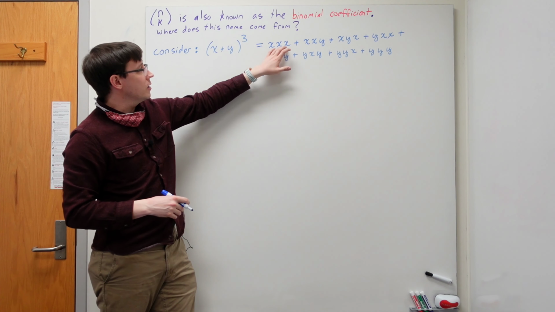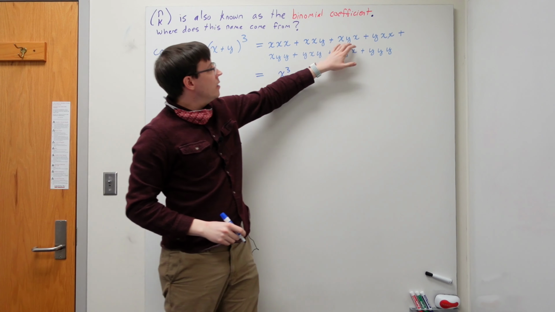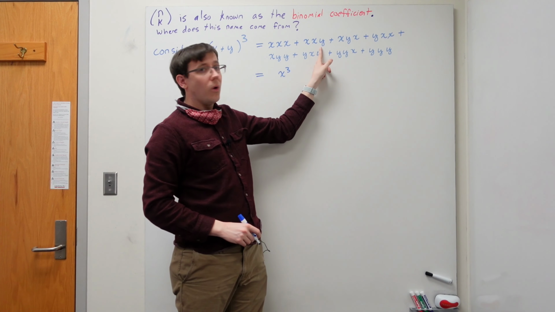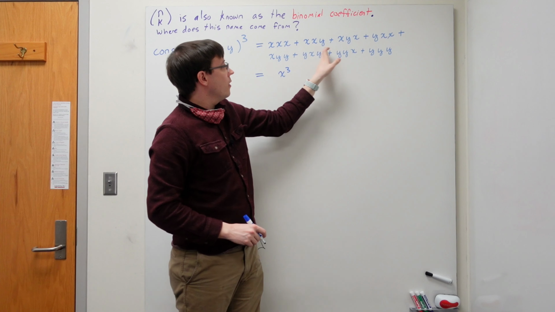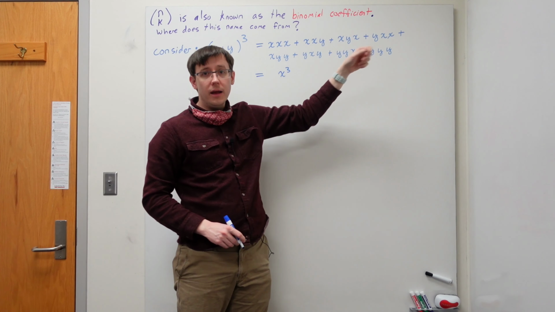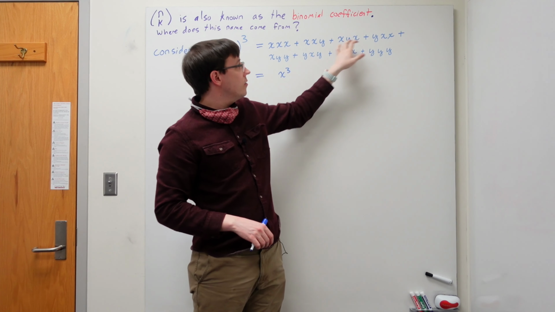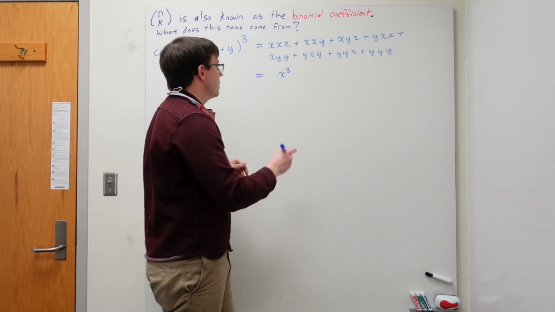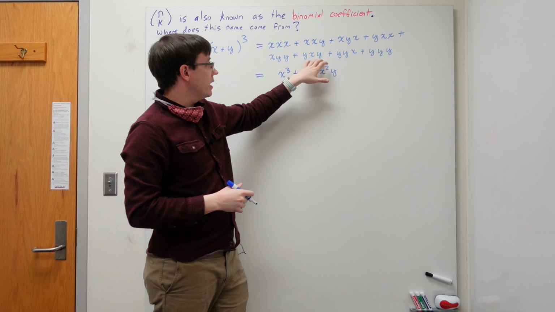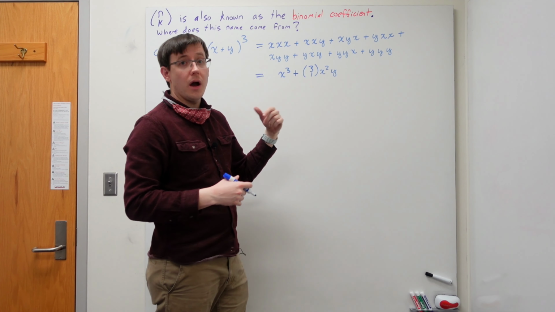And if we collect up terms, then we have an x cubed, and then we have three different terms that correspond to x squared y. And the reason that there are three of those terms is that we have two x's and a y, and so we're counting the number of ways we can choose one y out of the three variables. And then we have three terms that are x times y squared, and here we are picking two of the variables to be a y.